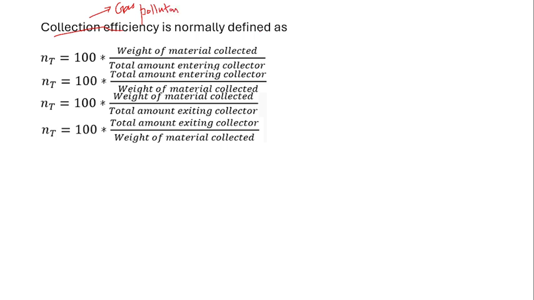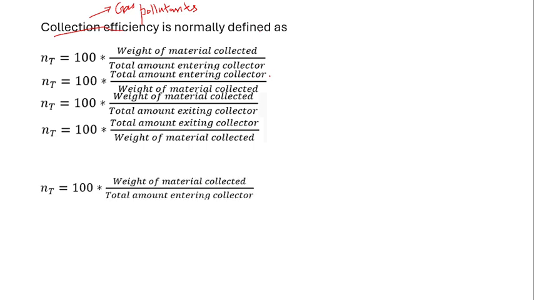Any idea? This is related to the collection of the particulate matter or any other pollutants going through any settling chamber. It can be gravity-based settling or an electrostatic precipitator. Whatever the medium, the collection efficiency here refers to the removal of the particulate material.